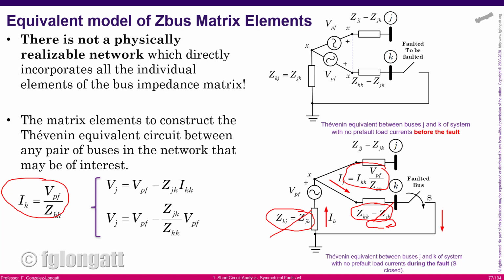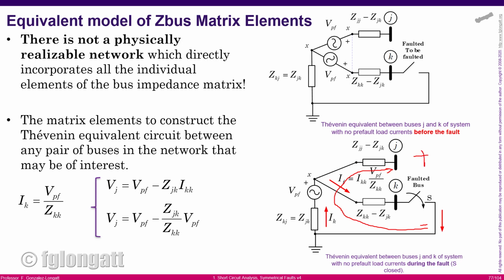If you are interested in voltages, you can do something similar. But now what you need to take into account is the voltage in bus bar J. How much is the voltage here between this and reference? You must realize that this bus bar here is doing nothing because there is no current in that bus bar.